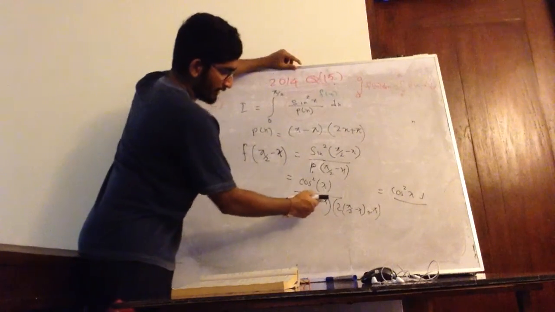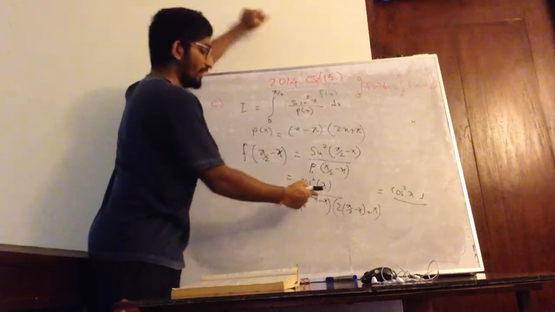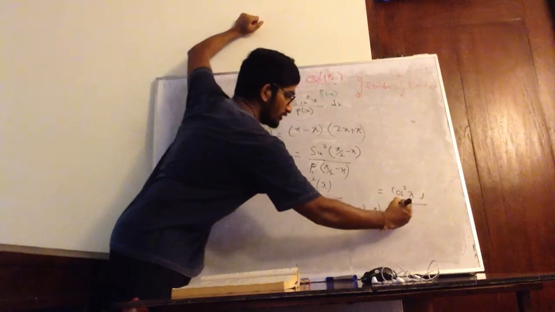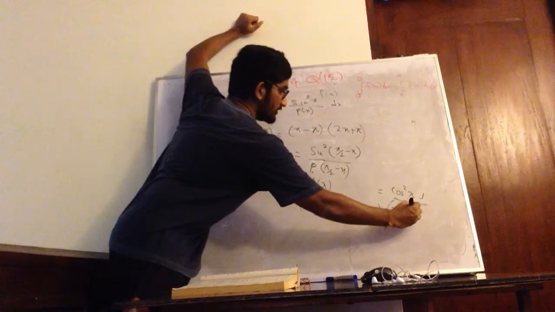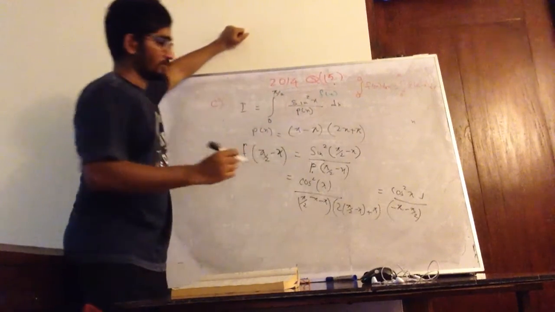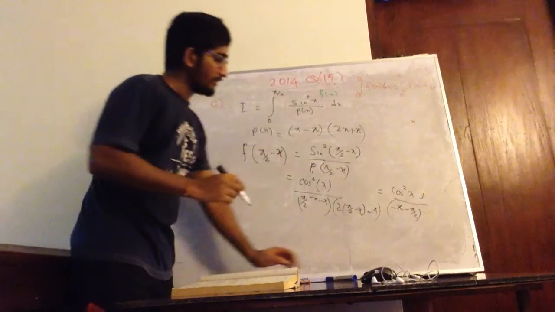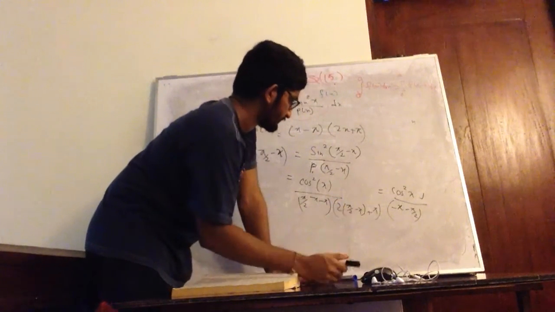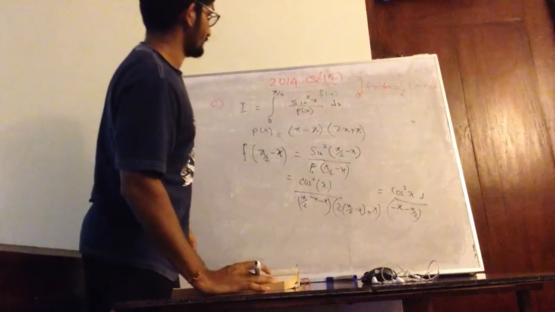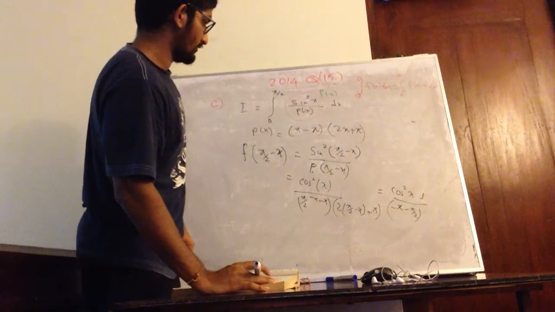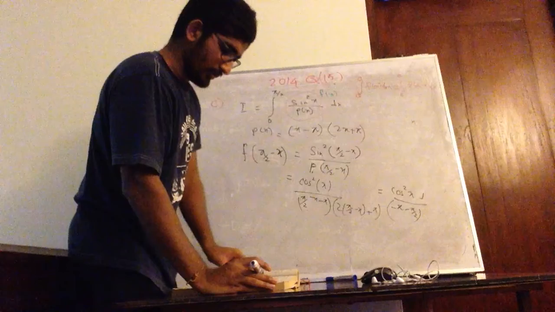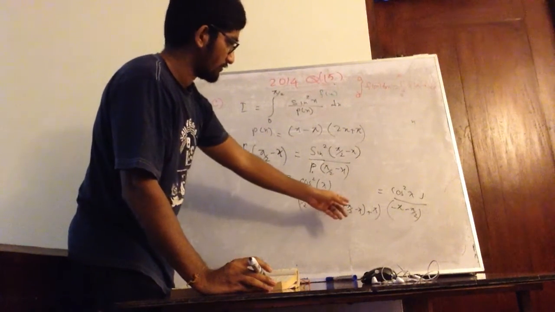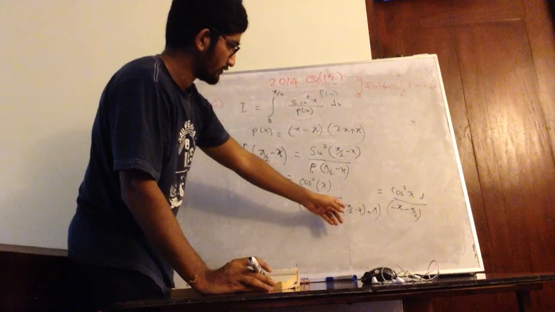Here, minus pi plus pi over 2 gives minus x minus pi over 2, and here we get minus 2x.